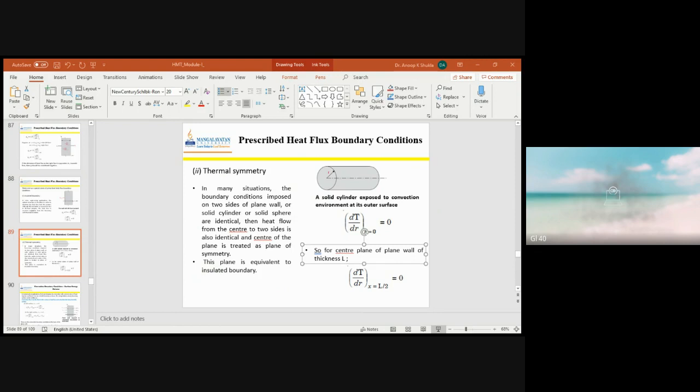Boundary conditions can be written similarly for the cylinder and sphere. So these are the convection boundary conditions at the faces of the plane wall, and similarly we can write the boundary conditions for cylinders and spheres also.